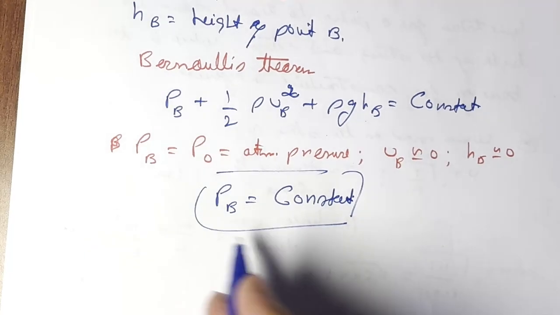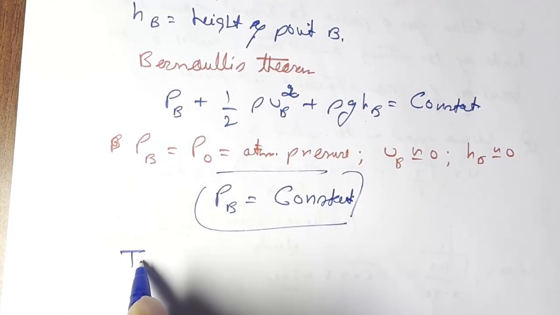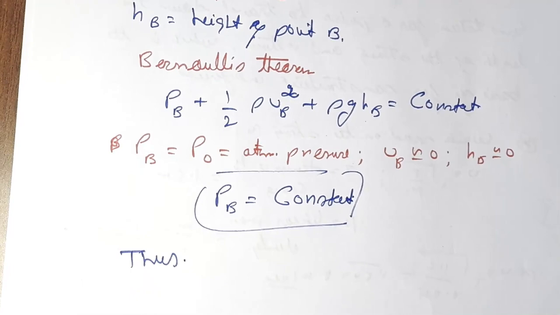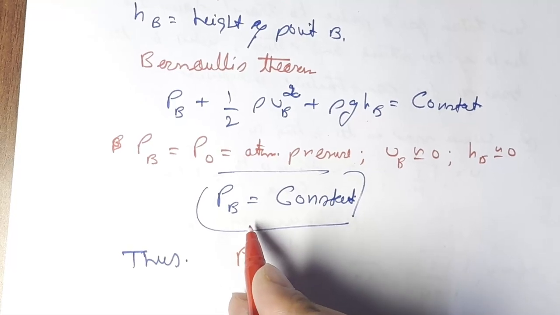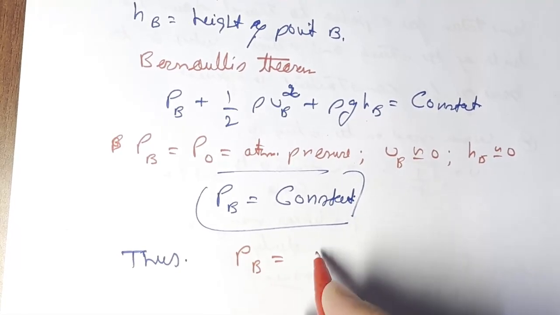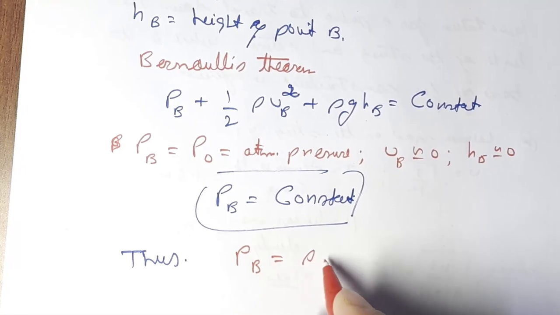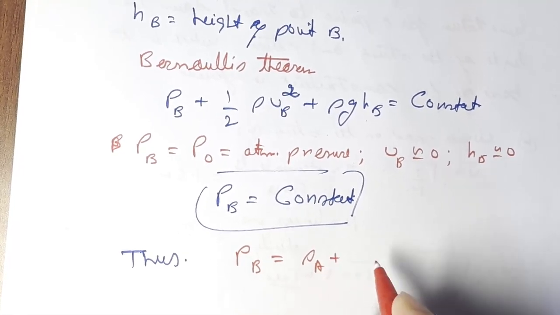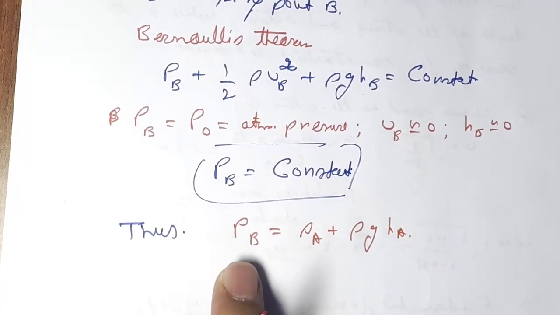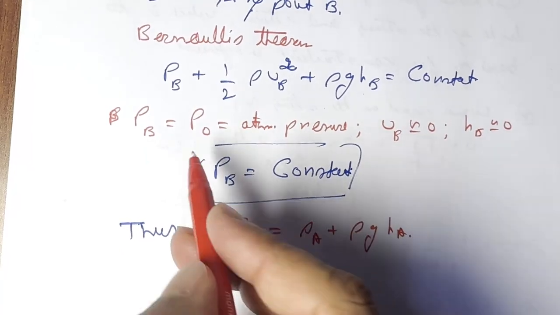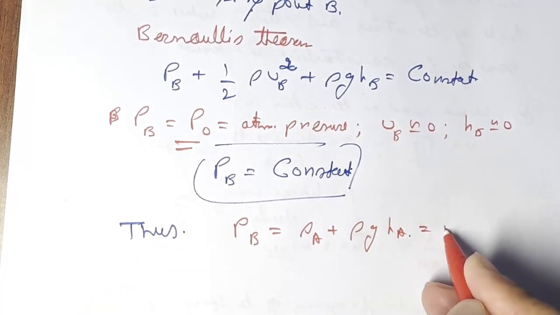So we can write, thus, PB is equal to PA plus rho g HA, and PB is nothing but our P naught. So we can write this is equal to P naught.